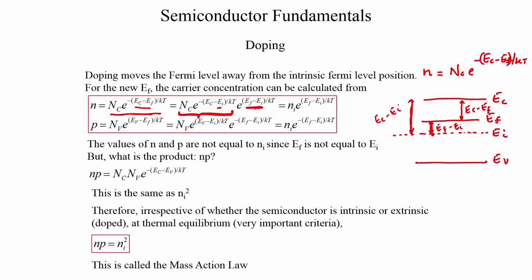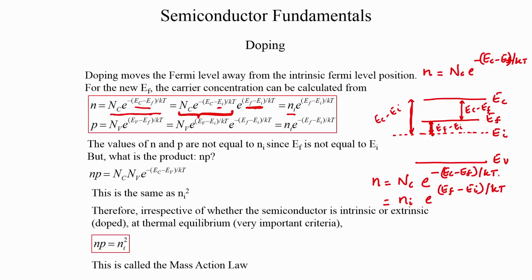So this expression is essentially Ni e to the power (Ef minus Ei) by kT. So these two expressions are identical. You could count your electrons by saying it is Nc e to the power minus (Ec minus Ef) by kT, or we could say that it is Ni e to the power (Ef minus Ei) by kT.